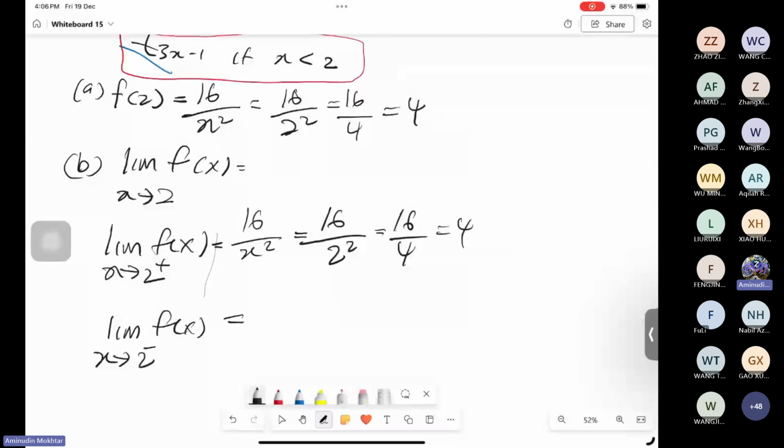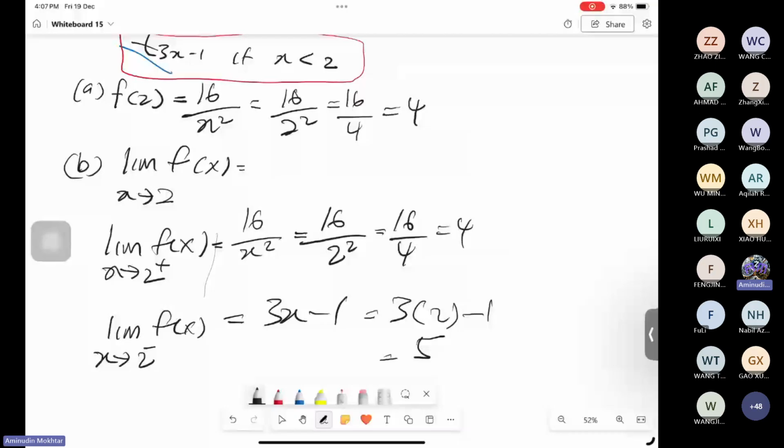The valid equation here is 3x minus 1, since we choose any value of x that is less than 2 but close to 2. Based on the limit property, we just replace x with 2 in 3x minus 1. The answer is 3 times 2, 6, minus 1 is 5.